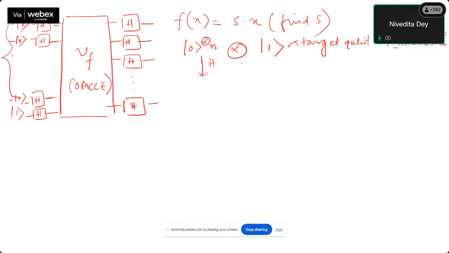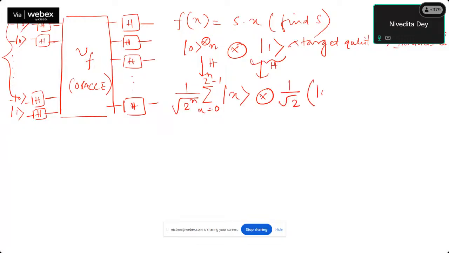Now you are putting Hadamard on all of them. On writing Hadamard, it will be 1 by root over 2 to the power n. Don't get confused because I'm just writing the generic one. You can take 2 zeros and check. It will be 2 to the power 2, that is a half. So I'm just writing it in this way: sum over x equals 0 to 2 to the power n minus 1, ket x, and this one will be 1 over root 2 times ket 0 minus ket 1.